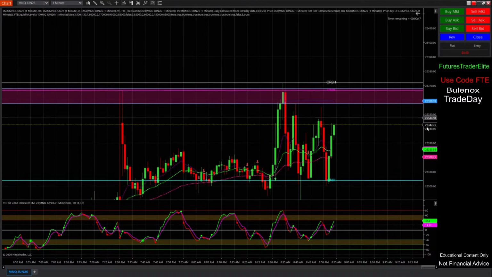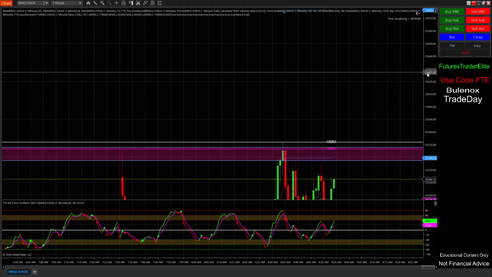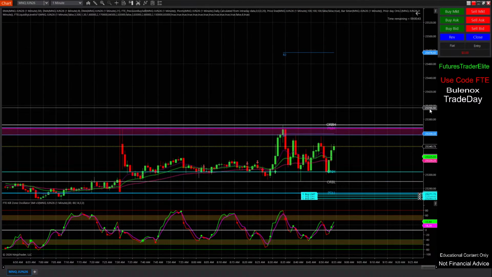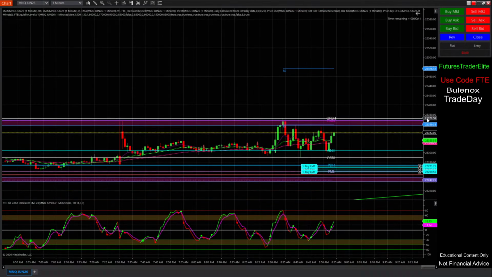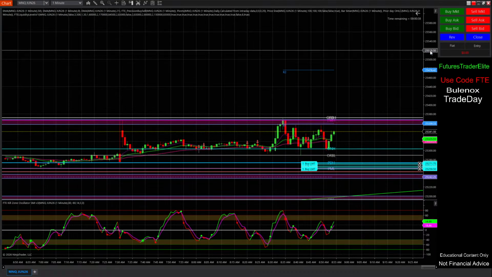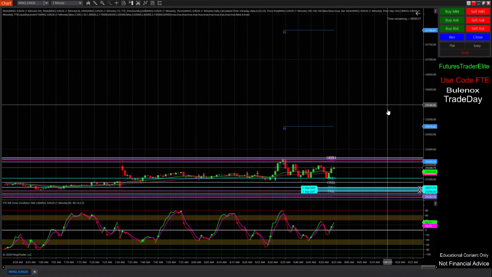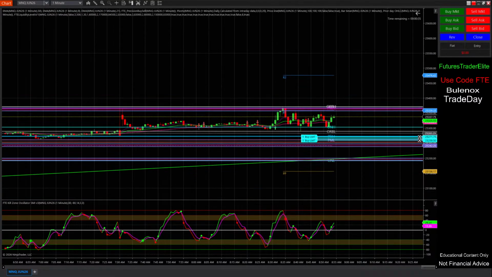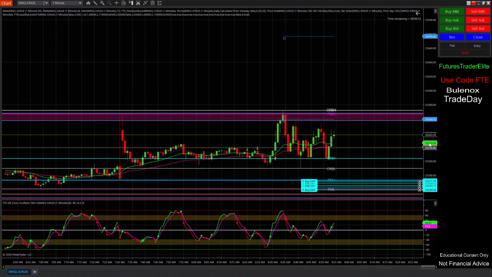We have that to the upside if they were to break out of the ORB. I don't have much going on overhead. I need to mark up my chart, I guess.